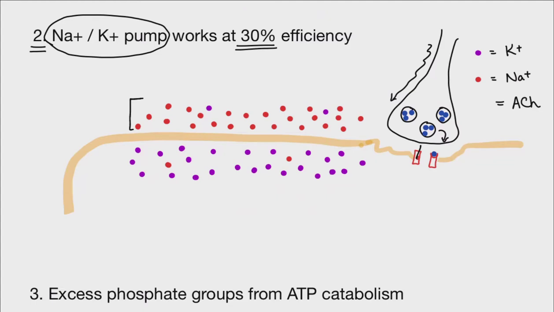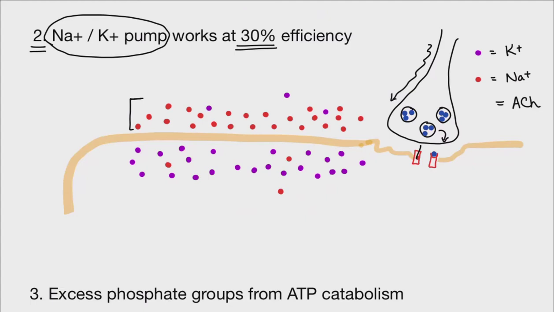But remember that another thing that happens is we have action potentials propagating across the sarcolemma, right? And so when those action potentials propagate down the sarcolemma, some of the sodium moves in and some of the potassium moves out. So let's just assume for a moment that the sodium-potassium pump takes a long lunch break and decides not to do anything for a while.